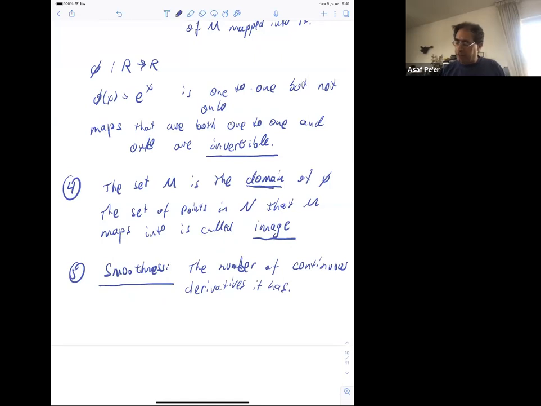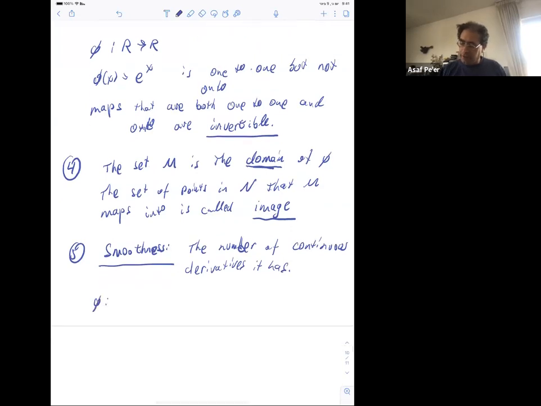So if we have a map, for example, phi from Rm to Rn.